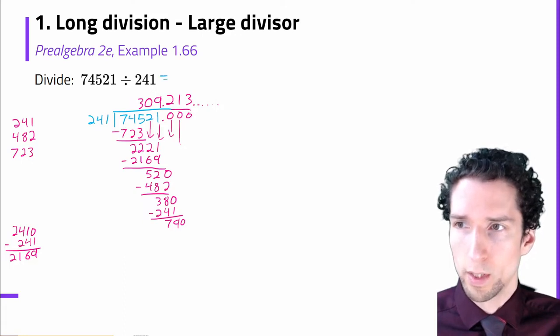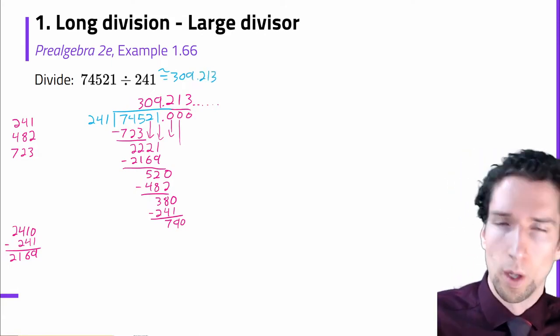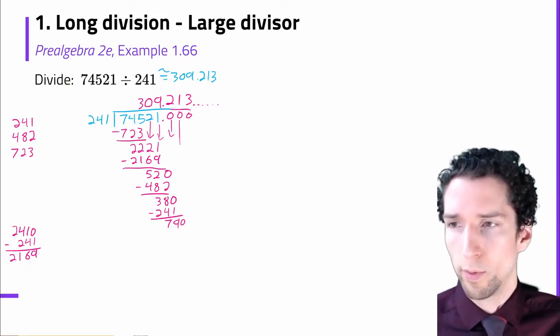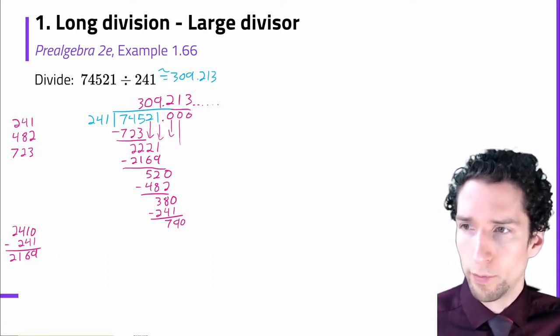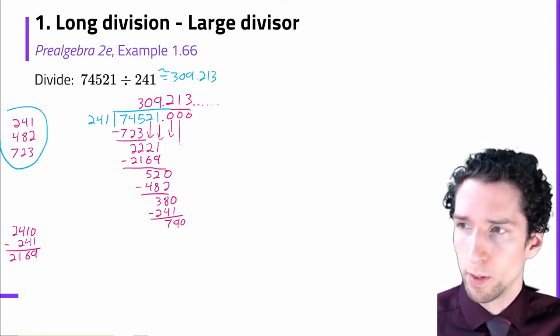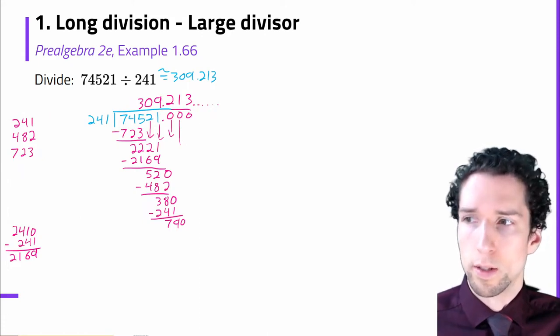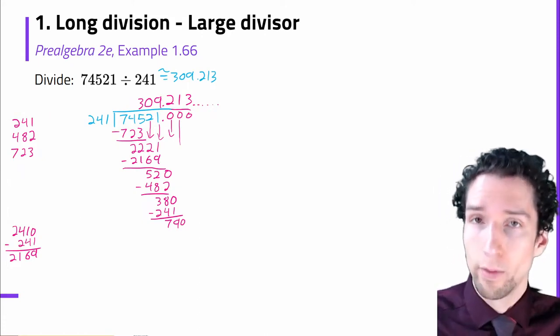Let's say our result here is approximately 309.213. And then some more decimal places if we had lots of time. Okay, but often that's accurate enough. So even with some larger numbers, just kind of write out your multiples like this, and you'll only have to write out at most 9 of them.